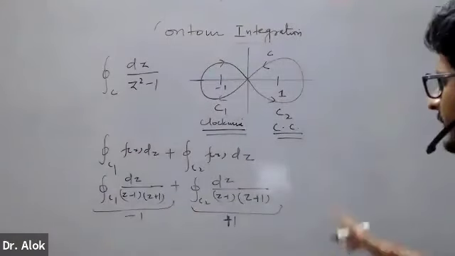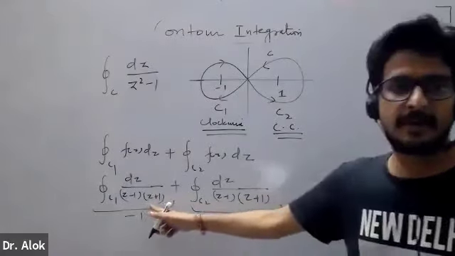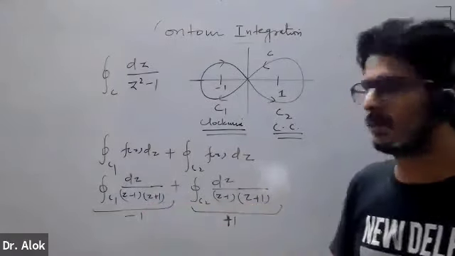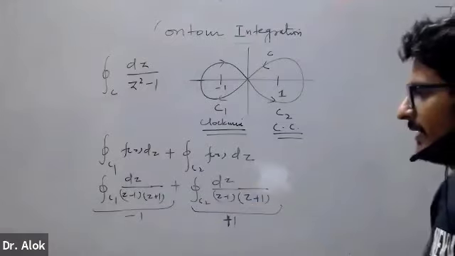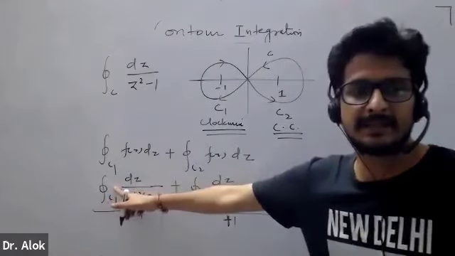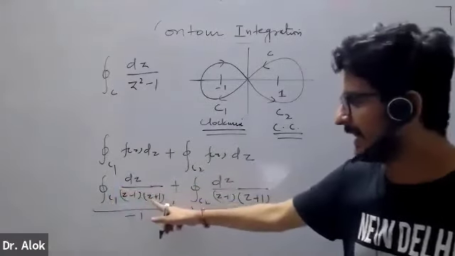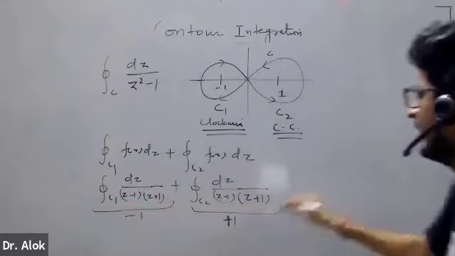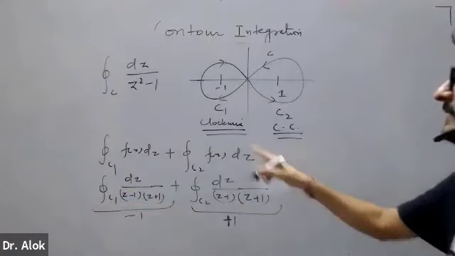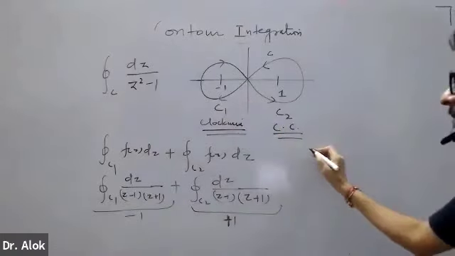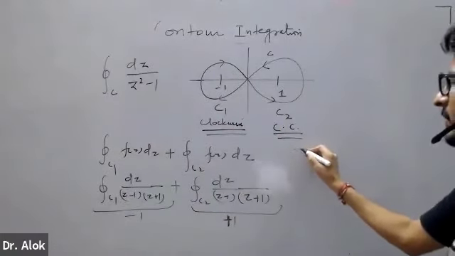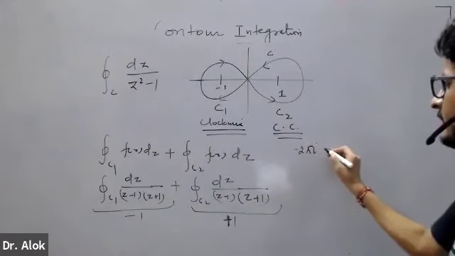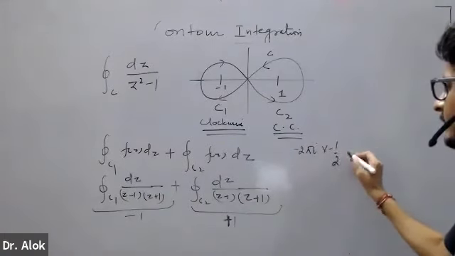So now what is going to happen: for this the residue will be calculated at z equal to -1, so that means z plus 1 will be multiplied and it will cancel. Then you will put z = -1, so it will become -1/2, and since it is clockwise it will become minus 2 pi i into -1/2.